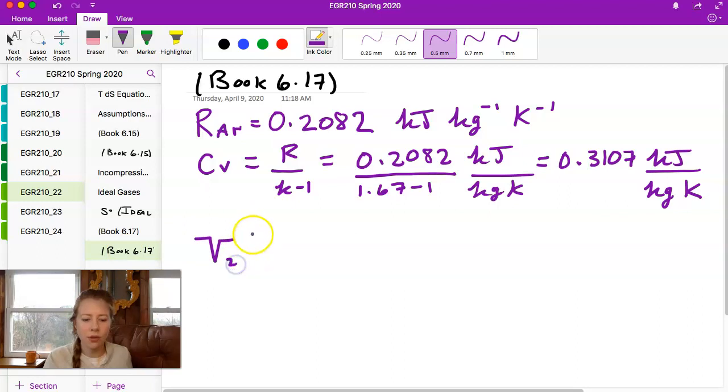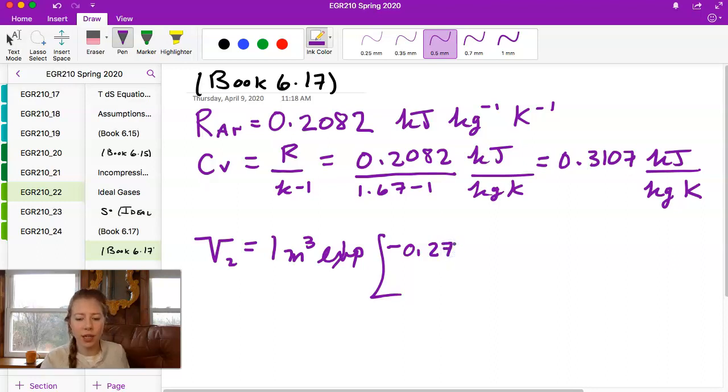So V2 is going to equal V1, so 1 meter cubed, times the exponential of our delta S, which was given to us as minus 0.27, and that's in kilojoules per kilogram Kelvin, which is going to be the same units then as Cv. So I'm just not going to write the units in yet.